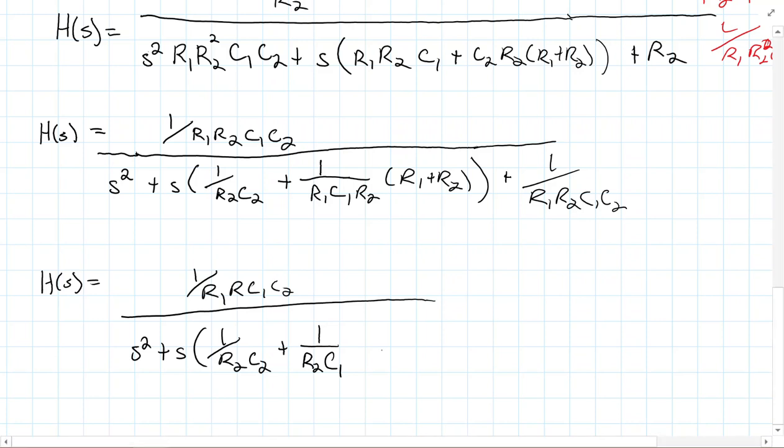And we'd have plus 1 over R1 C1 plus 1 over R1 R2 C1 C2.